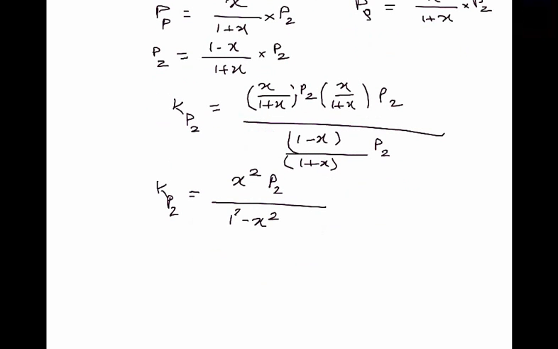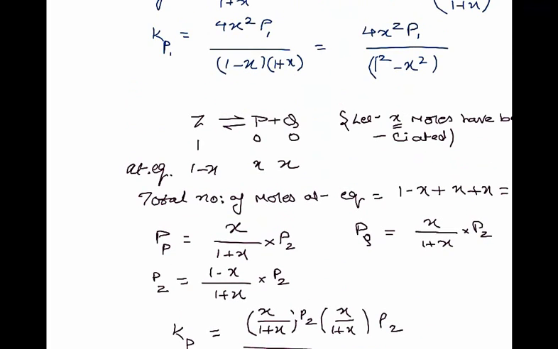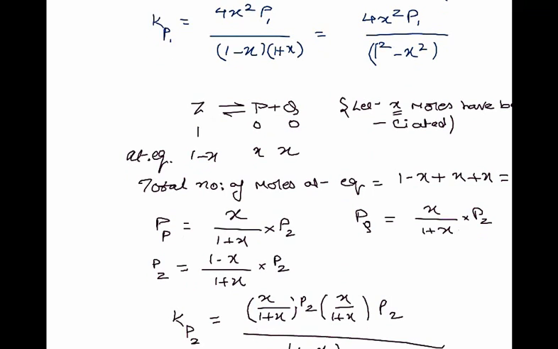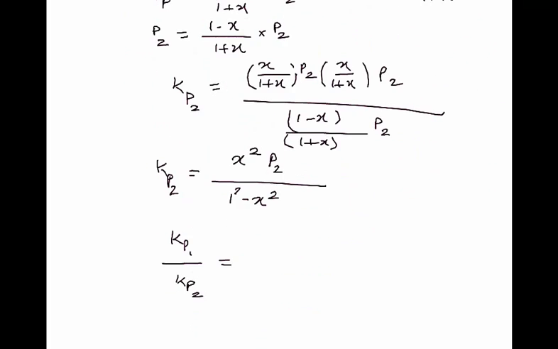Now let's write down Kp1 by Kp2. So what was Kp1? We have found Kp1 as 4x square P1 by 1 minus X square.